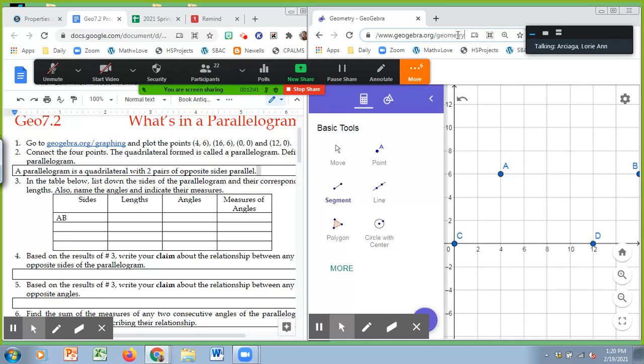Did you do this part when you change it to geometry in the address bar? Okay, then you have to click on that one. Originally it was graphing. Yes, so now you have to change graphing to geometry.